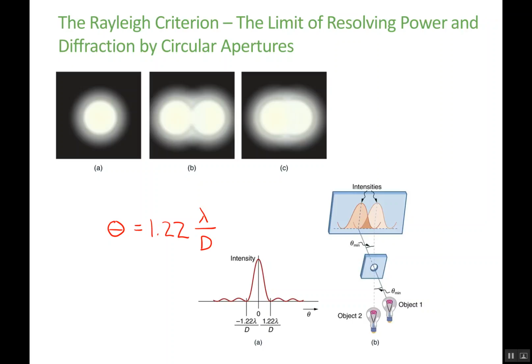The minimum angular separation between two objects, and we're still able to tell the difference between those two objects, in other words, to resolve those two objects as separate objects, is theta equals 1.22 times the wavelength of the light emanating from those objects divided by big D, which in this case is the diameter of the circular aperture through which we're viewing those objects. So this equation is called the Rayleigh Criterion.